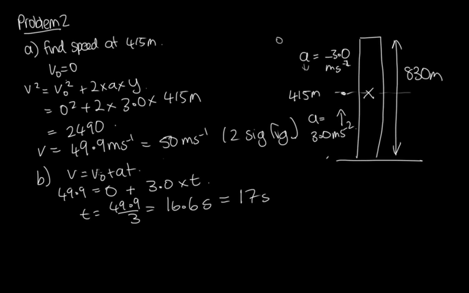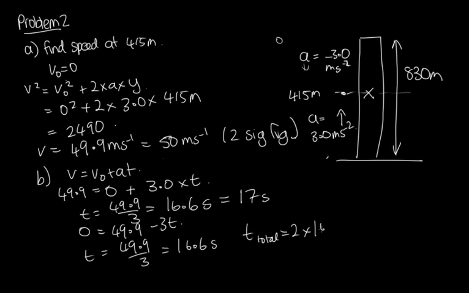So to work out the time, we can use v, the final velocity, is 0, is equal to 49.9 minus 3t, and this turns out to be the same as this. t is equal to 49.9 on 3, and so this is equal to 16.6 seconds, and so the t total is just equal to 2 times 16.6 seconds, which is equal to 33 seconds to two significant figures. So you can see that that's symmetrical. The time to get to halfway up was the same as the time to get from halfway up to the top of the building.